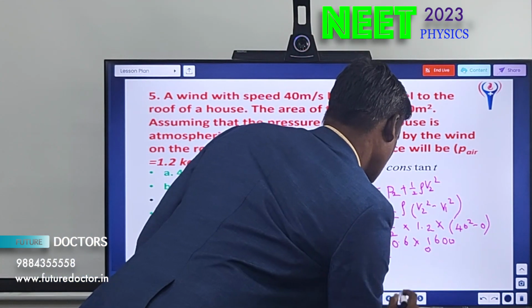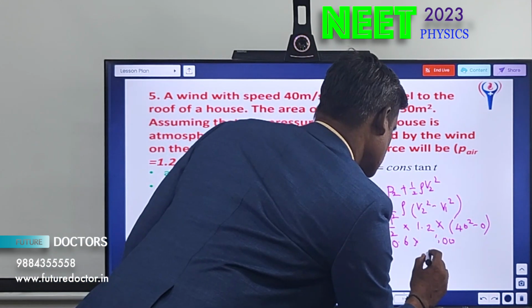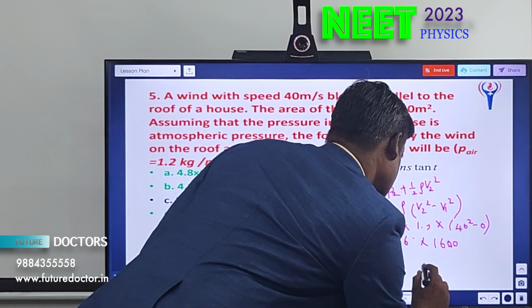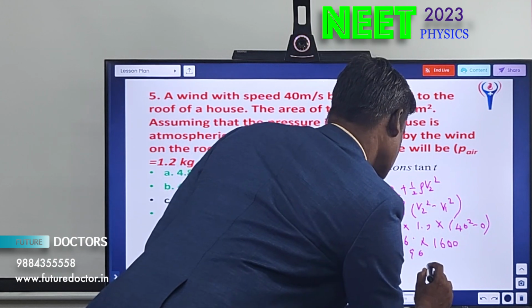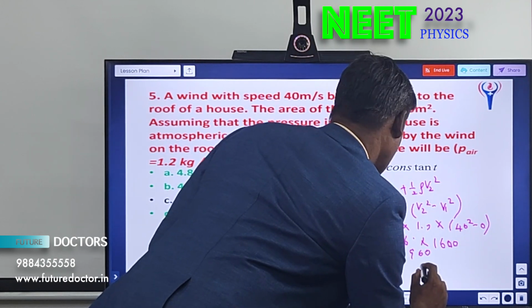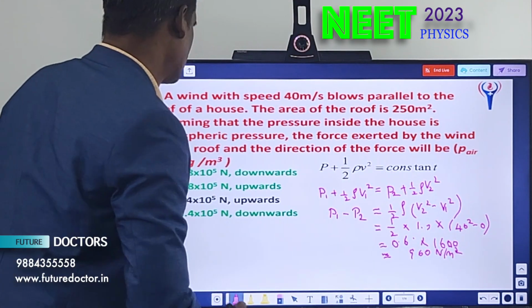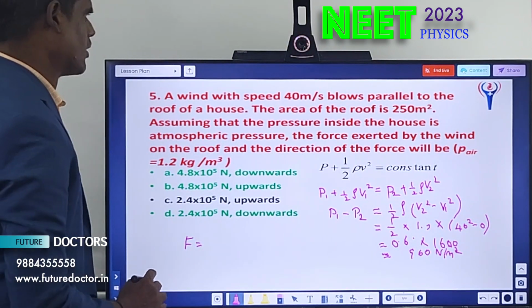Simplify this, 0.6 into 1600, this gives 960 Newton per meter square. And you want to find a force. Force F equal to pressure into area.